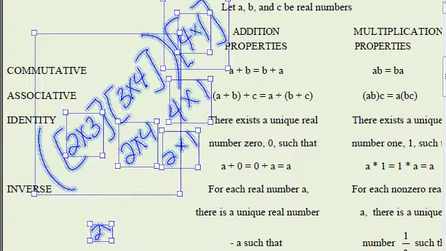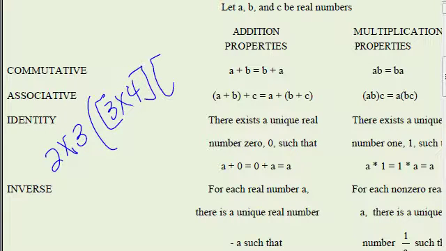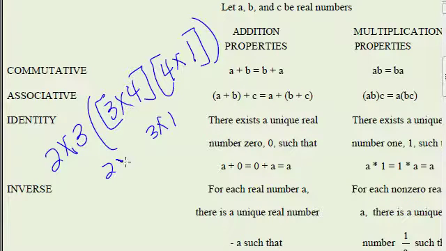Alright, so you have your 2 by 3 times your 3 by 4 and your 4 by 1. Alright, so the 4's cancel out, so you have a 3 by 1 now. And that's cool, because then you still have your 2 by 3. And at the end of the day, you'll still end up with a 2 by 1. Will this always work? No.